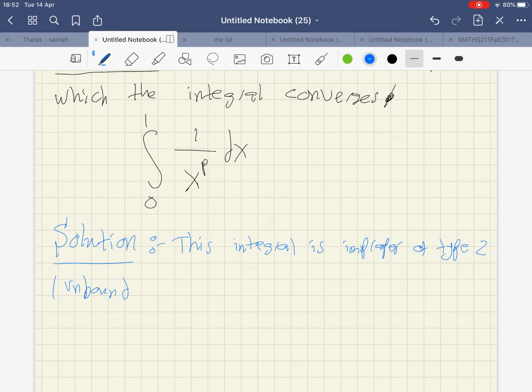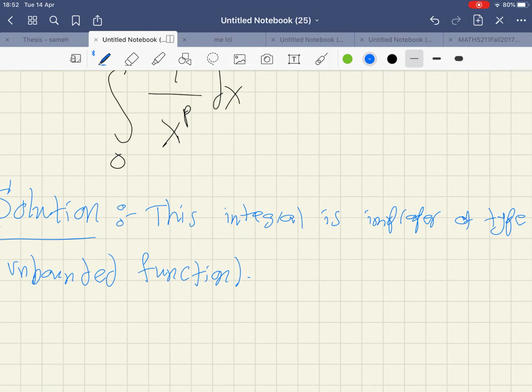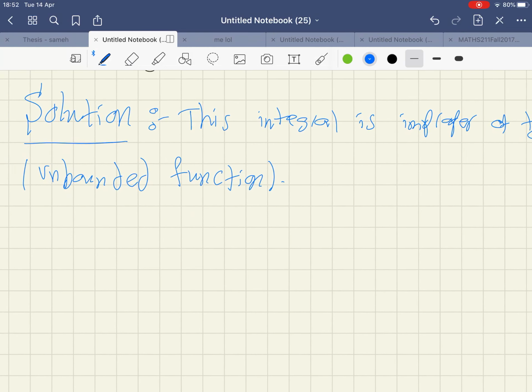Why is it type 2? Because the function is not defined at 0. Good. So we have to find this integral from 0 to 1 of 1 over x to the power of p dx.